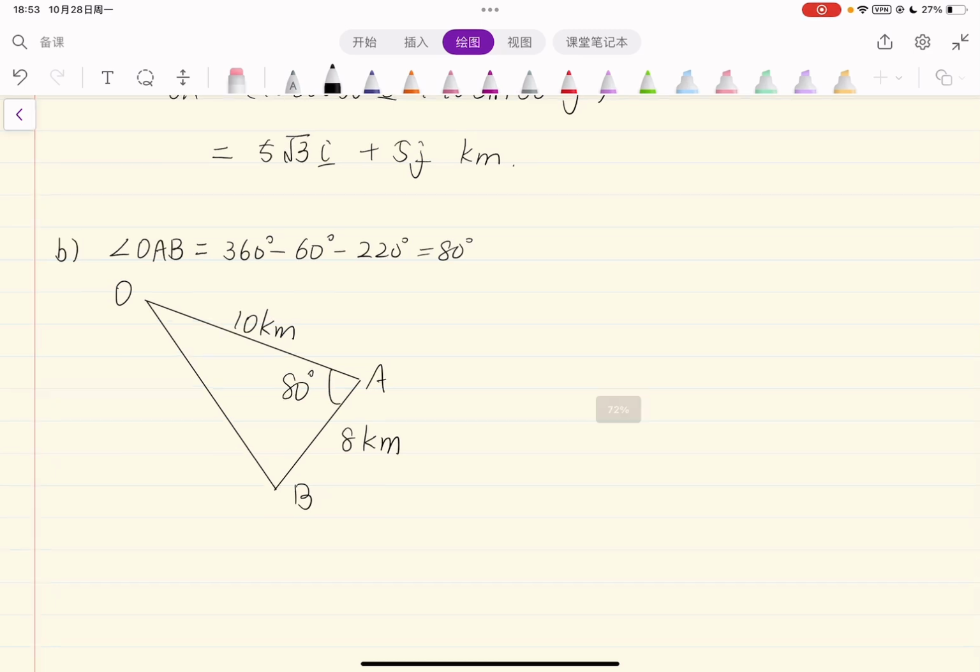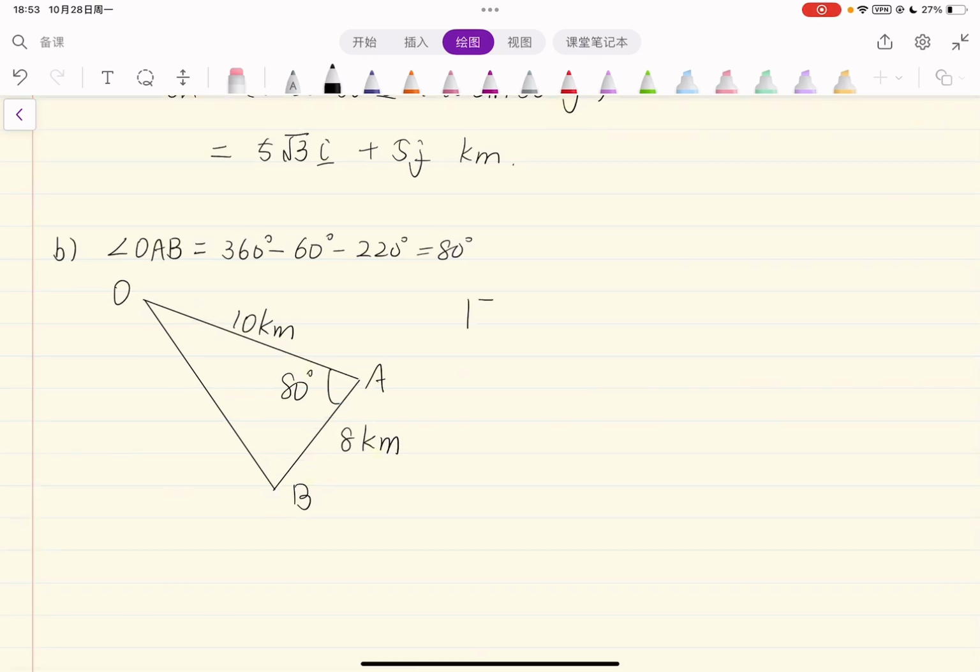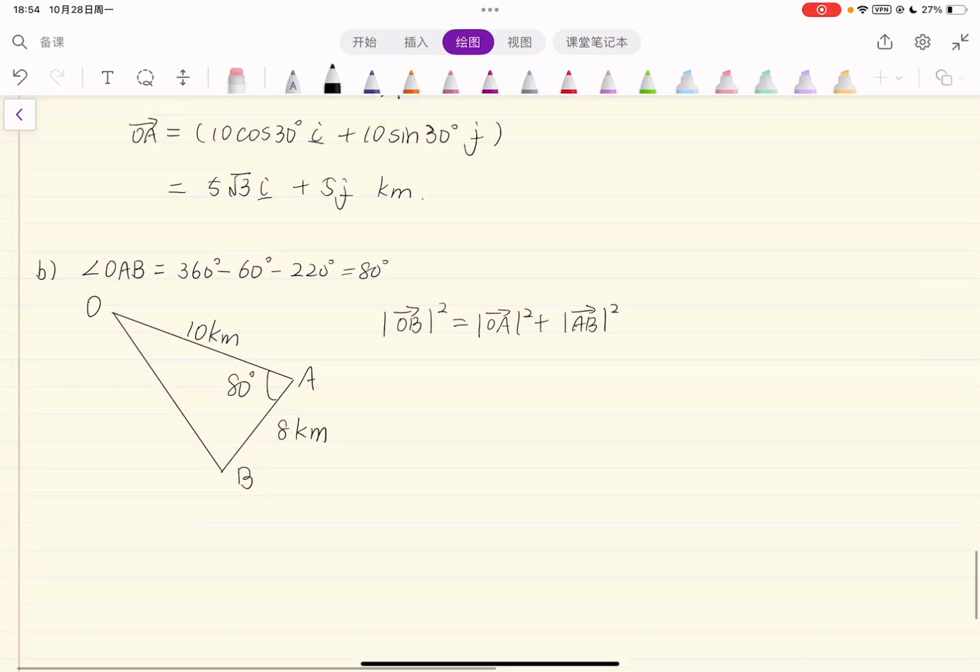So we can write down that the magnitude of OB squared equals the magnitude of OA squared plus the magnitude of AB squared, minus 2 times the magnitude of OA times the magnitude of AB times cosine 80 degrees.